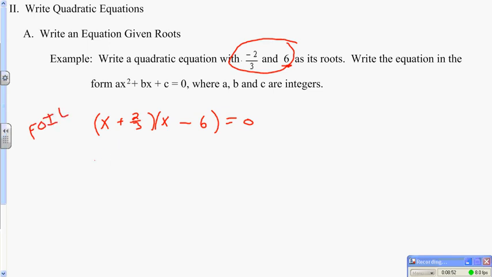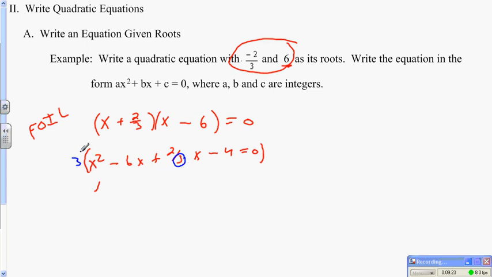If we FOIL, we will get x squared minus 6x plus 2/3 x and minus 4. Combine like terms, but we're not going to do that yet. We're going to multiply everything by a 3. The reason we're going to do that is because we want to get rid of a fraction.